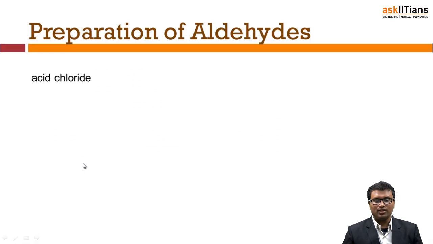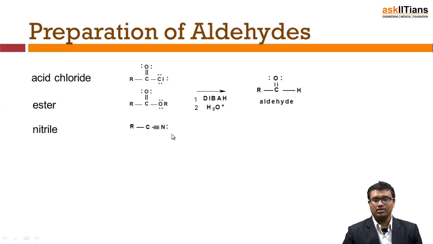For example, you have an acid chloride, ester and nitrile, and you know what an acid chloride is, right? In the beginning introduction I told what an acid chloride is. It is RCOCl, ester is RCOOR, nitrile is RCN. If we have these, you just reduce them.